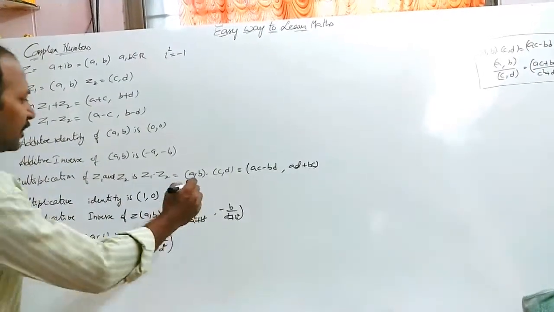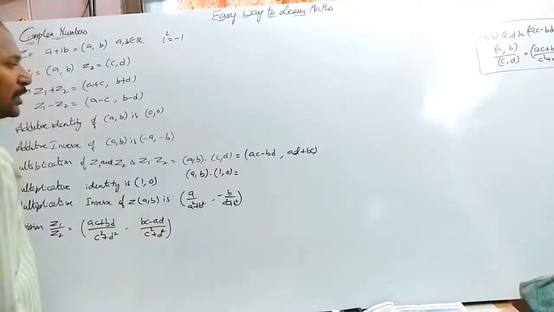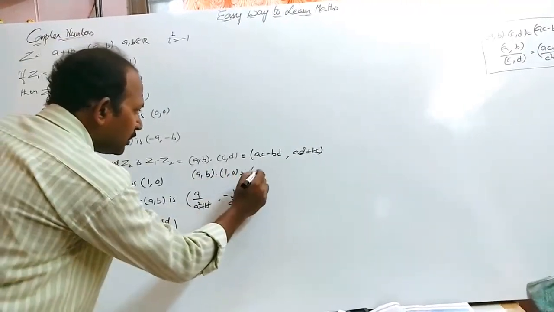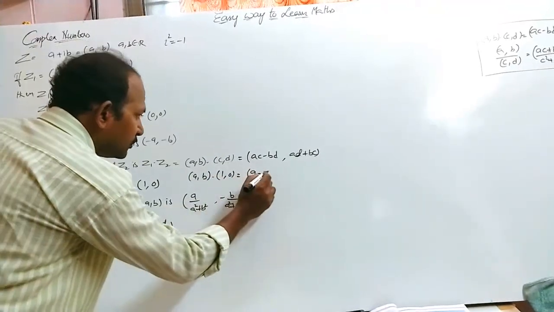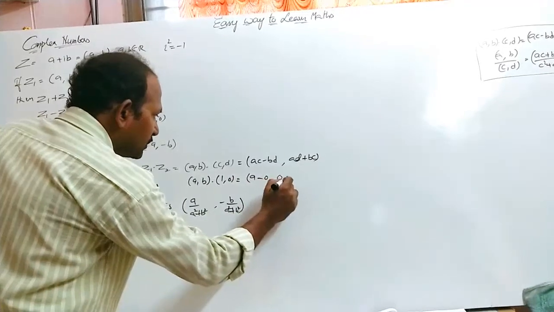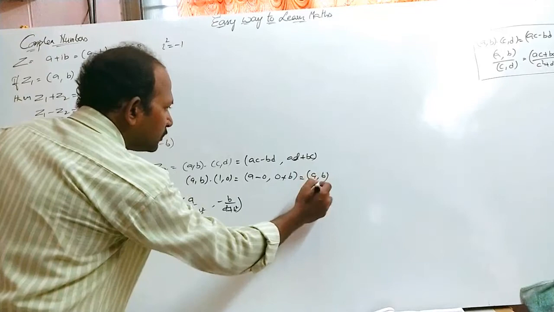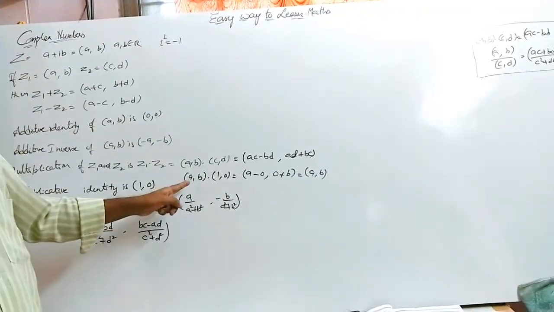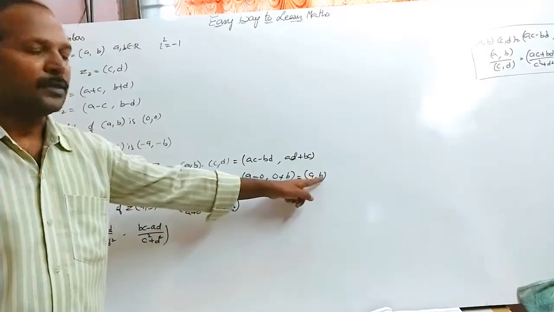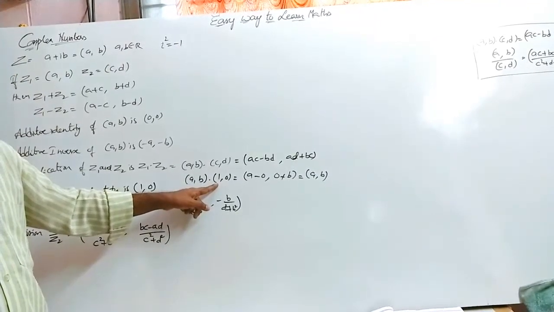Let us verify. (a, b) dot (1, 0) is equal to, as per the formula, (ac minus bd): a into 1 minus b into 0, comma, again ad plus bc: a into 0 plus b into 1, that is b. That is equal to (a, b). That is, if you multiply a given complex number with (1, 0), again we are going to get (a, b), the same complex number. That's why it is called the multiplicative identity.